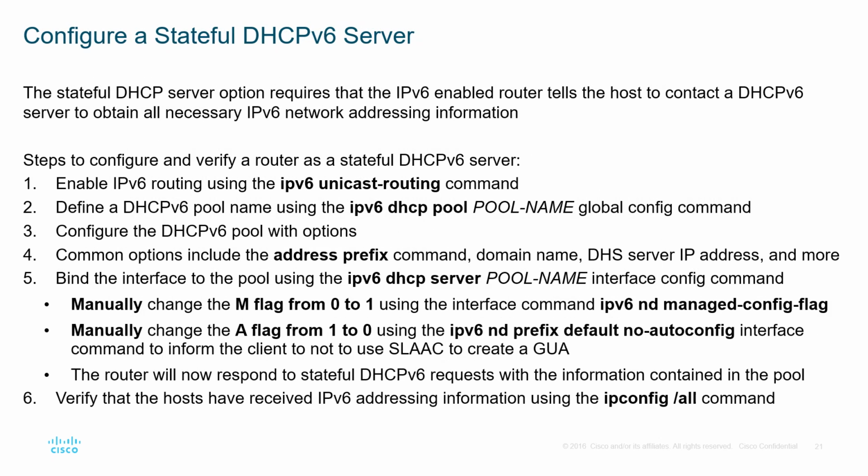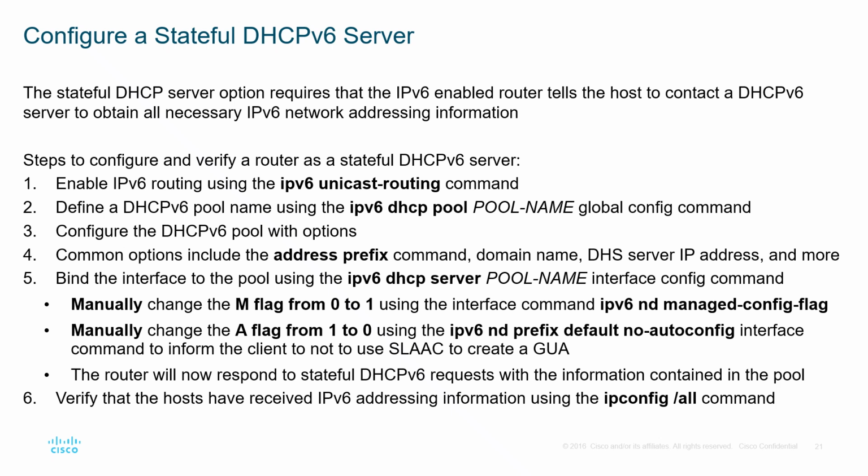Now, your stateful option requires that an IPv6-enabled router tells the host to contact the server. So configurations there, again, unicast routing, creating my pool. Common options include the address prefix command, the domain name, DNS server IP address, and more. You bind it to the pool.